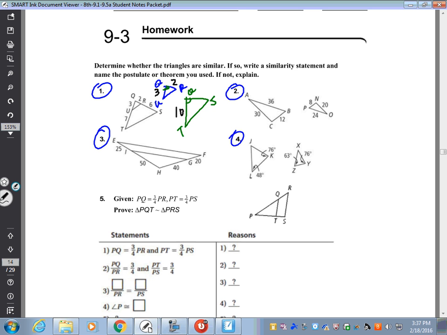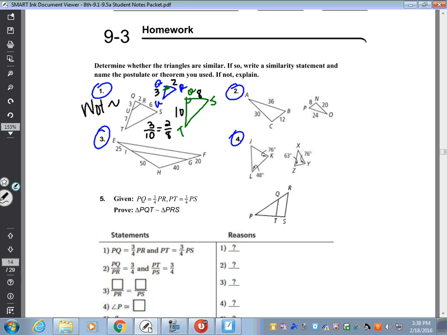All right, what is QS going to be? 8. All right, so let's check this. Does 3 over 10 equal 2 over 8? Would they be the same? No, right? I can't reduce that. It's not similar. Yep, we're done. Not similar.